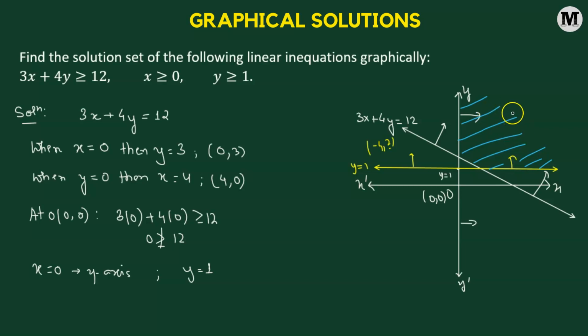So this is the solution set of the 3 linear inequations. However, we see that this gives us an unbounded solution. The solution is unbounded, which means it can have infinite solutions.